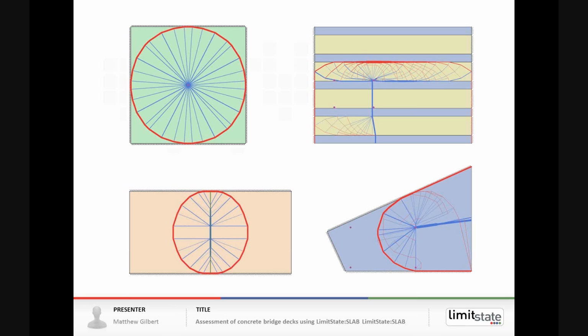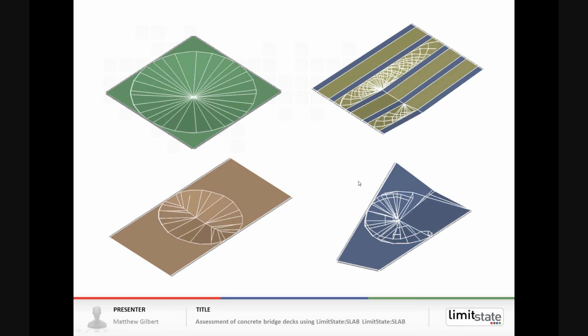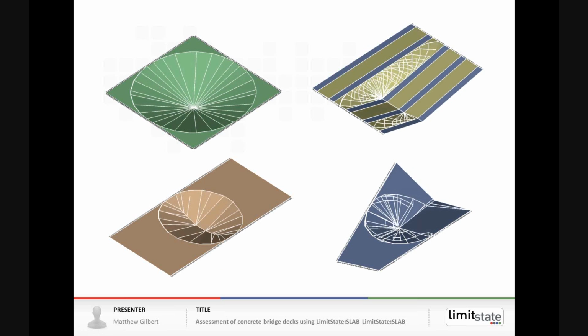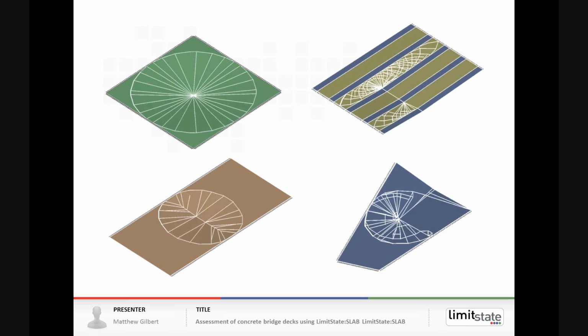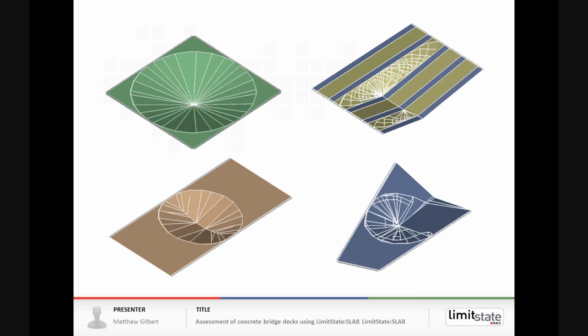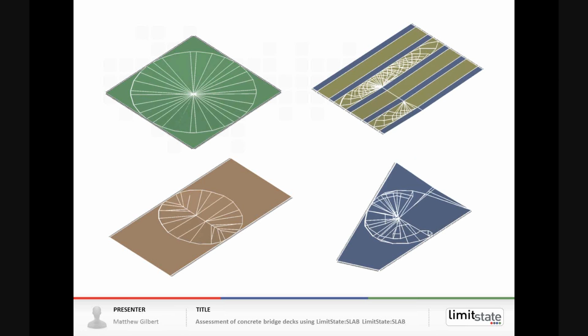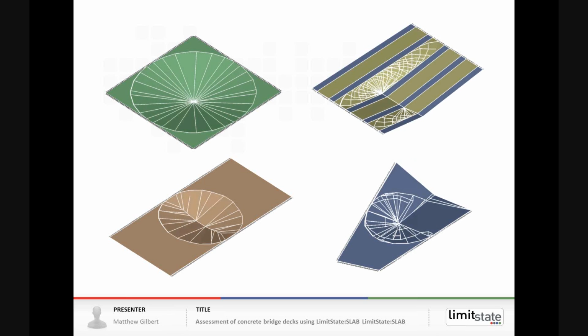The key thing is LimitState SLAB software is general and can identify Yieldline patterns whatever form they might take. And the next slide just shows animated views of these same Yieldline patterns to aid visualization and make it much more easy to see exactly what's going on, what the mode of response is.